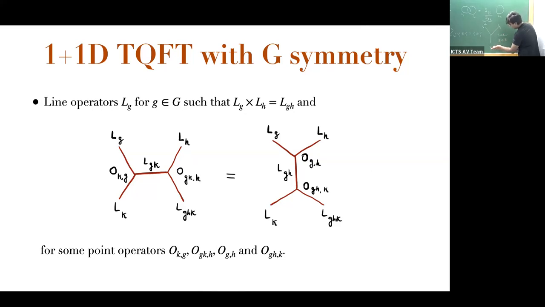So let me call this actually R1, R2, R3. So R1 times R2 to R3. The different maps between this representation and this representation give you some space of maps. That will be the possibilities that we have at this junction. So the intertwiner comes from the braiding.